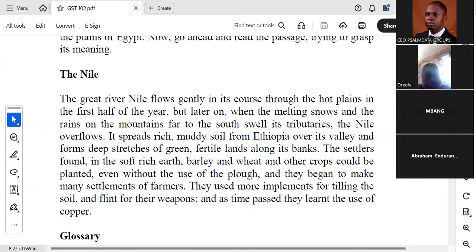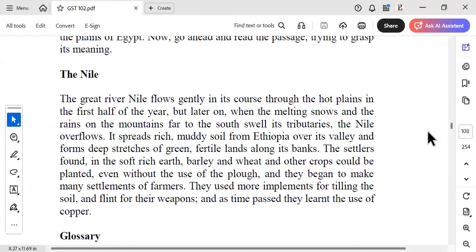The great river Nile flows gently in its course through the hot plains in the first half of the year. But later on, when the melting snows and the rains on the mountains far to the south swell its tributaries, the Nile overflows.